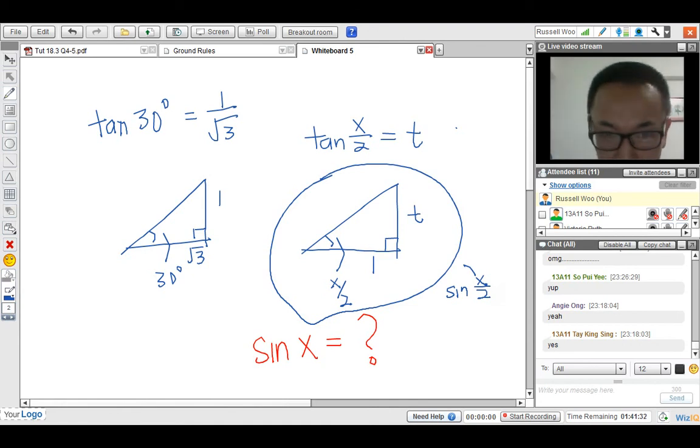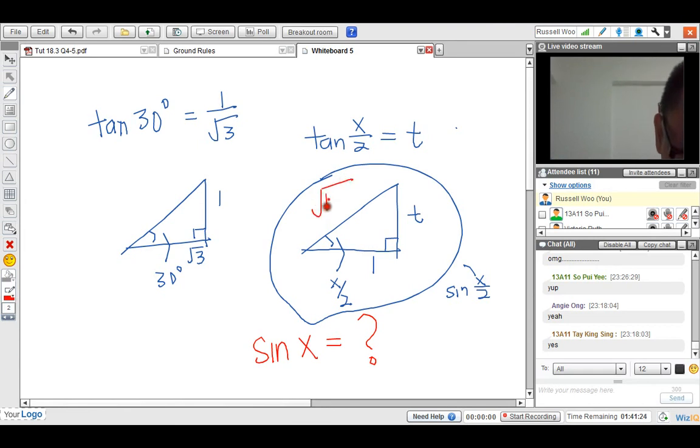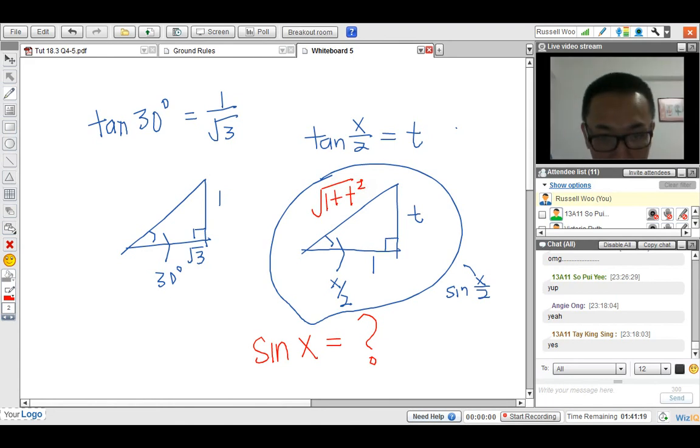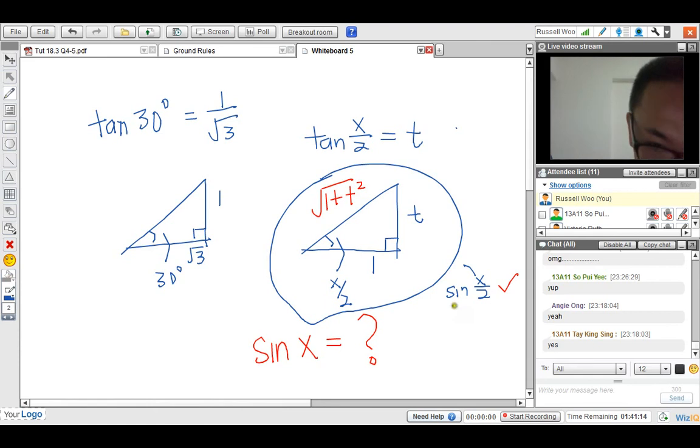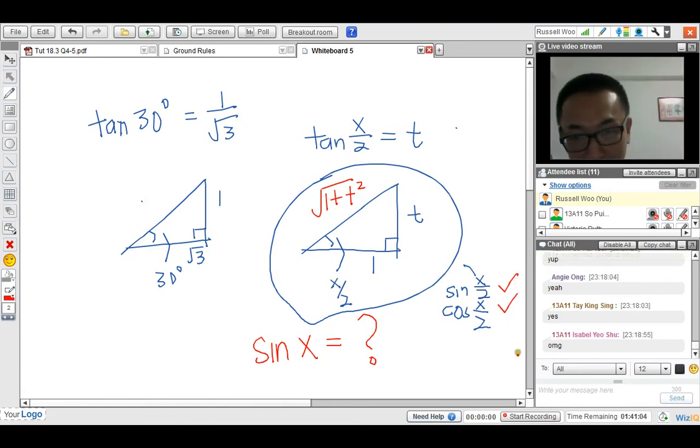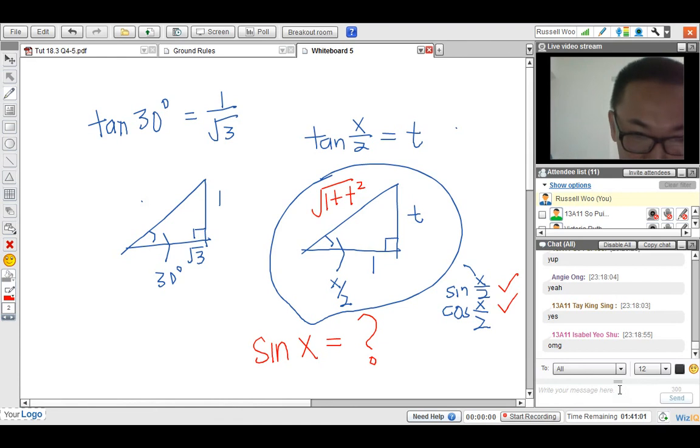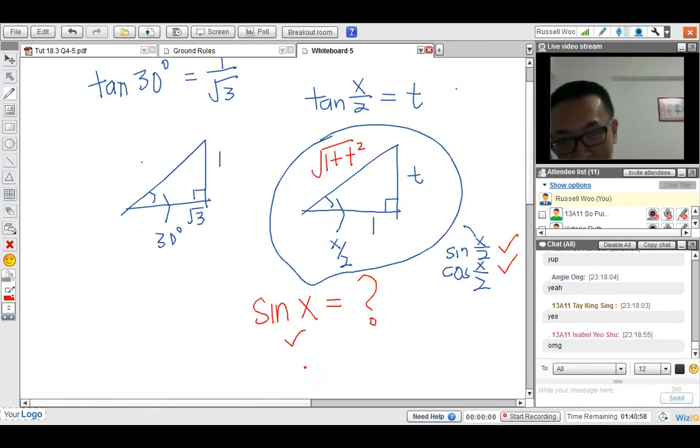We can find sine x over 2 because by Pythagoras theorem, this is the square root of 1 plus t squared. So we can find sine x over 2. We can also find cosine x over 2. If we can find sine x over 2 and cosine x over 2, then we can find sine x. This is the oh my god.